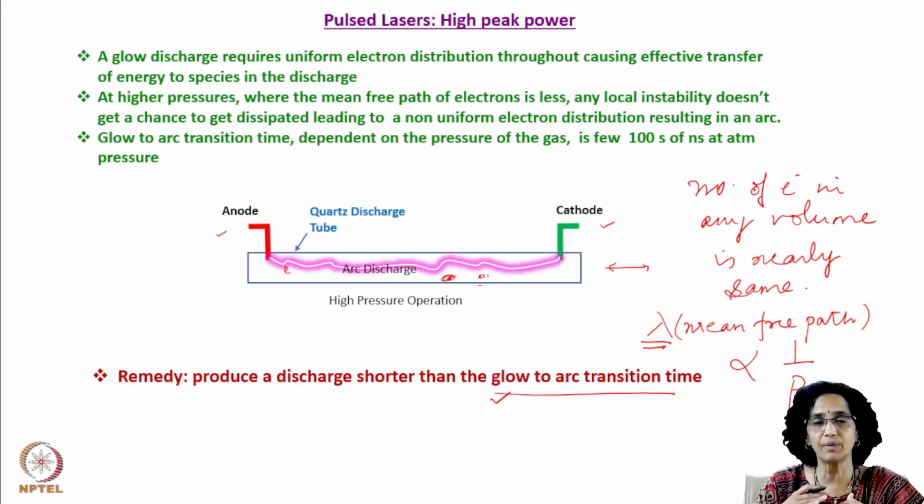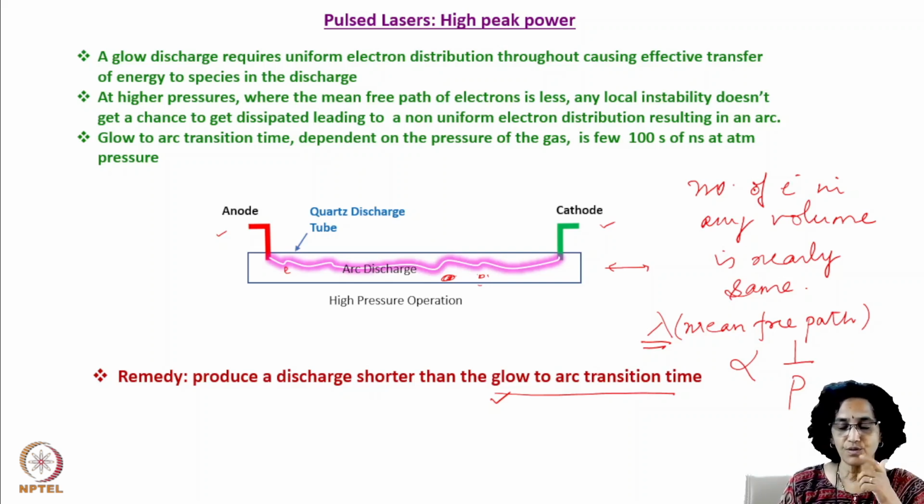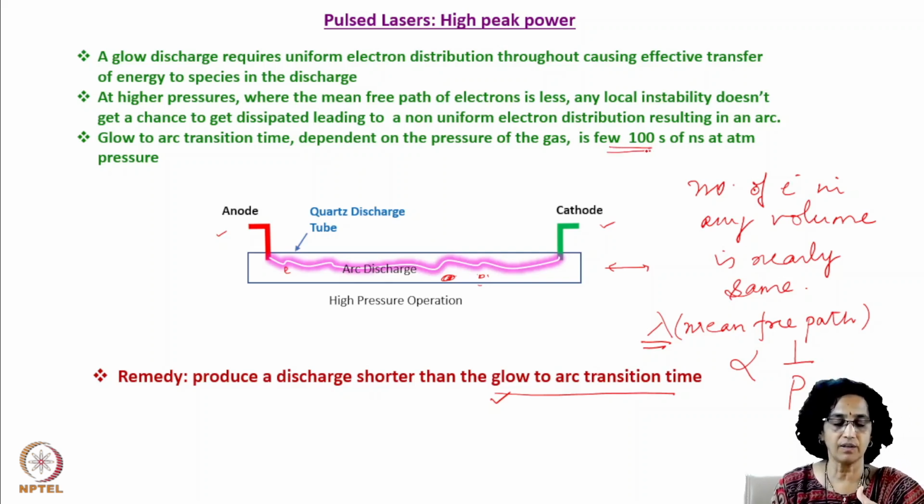But as the pressure increases, the glow to arc transition time reduces and the glow discharge tends to become an arc. So at atmospheric pressure, it is a few tens of nanoseconds that your glow degenerates into an arc.